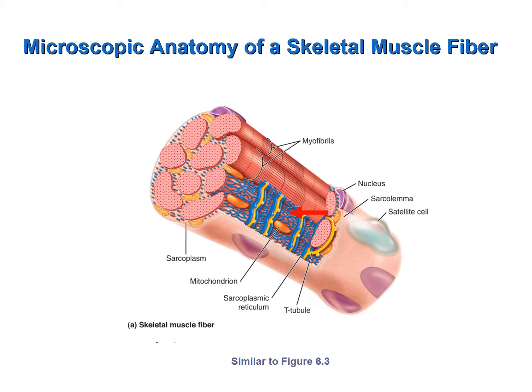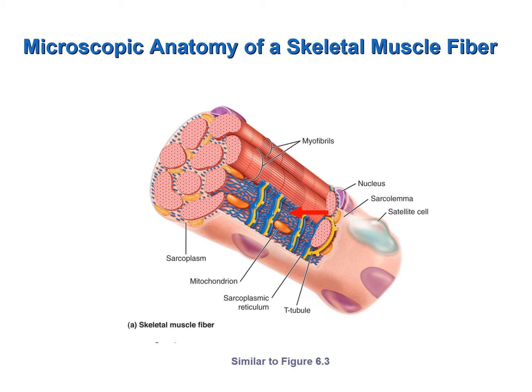Lastly, I want to point out this blue colored organelle, or at least it's illustrated as blue in this image. This is the sarcoplasmic reticulum. The sarcoplasmic reticulum is a modified smooth endoplasmic reticulum. In skeletal muscle fibers, it has a very important role in storing calcium.